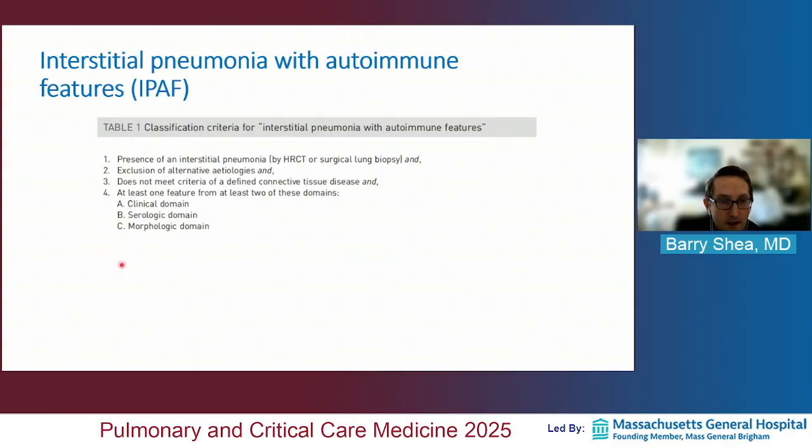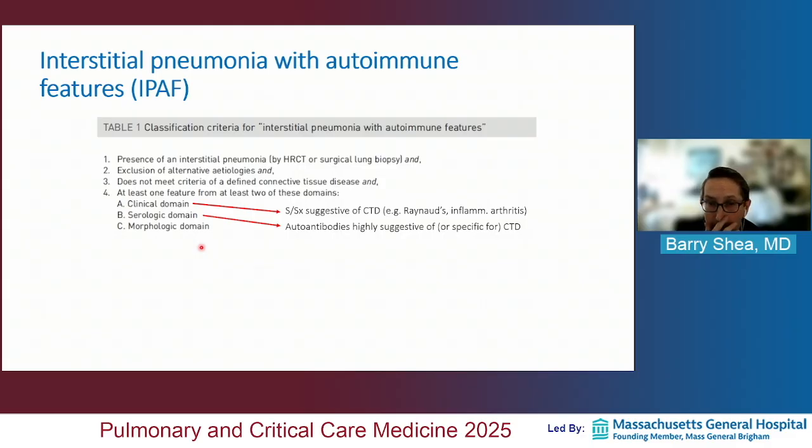To meet criteria for IPAF, patients have to have interstitial lung disease of unknown cause, not meet criteria for defined connective tissue disease, and then have at least one feature from 2 out of 3 domains. A clinical domain, with symptoms or signs suggestive of connective tissue disease. That could be Raynaud's, it could be inflammatory arthritis.